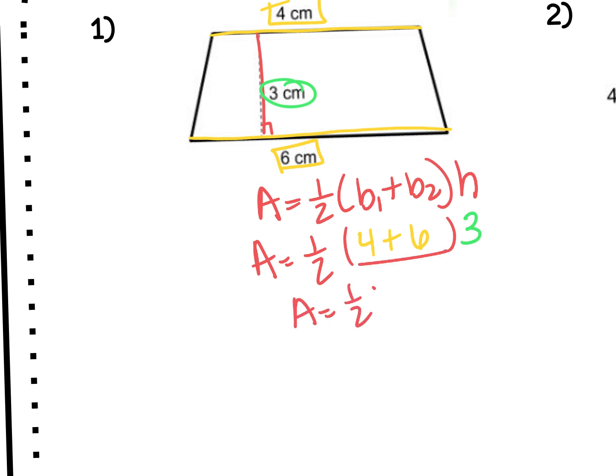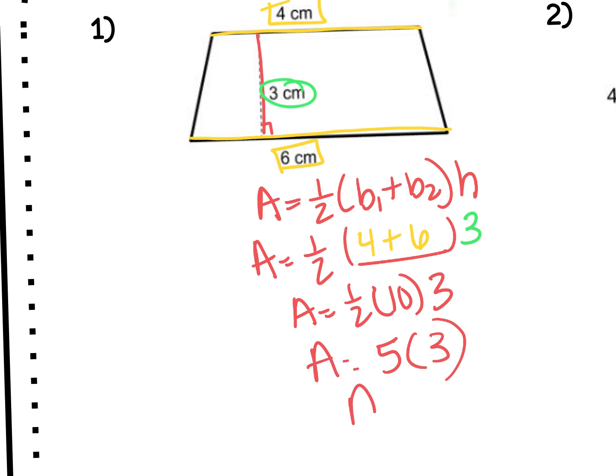I am going to solve 4 plus 6, which is 10. Just like I've been showing you with everything else, I'm writing the formula, plugging it in, and solving it. Now you can work with that fraction. Half of 10 is 5, times 3 equals 15, and this one is centimeters squared.